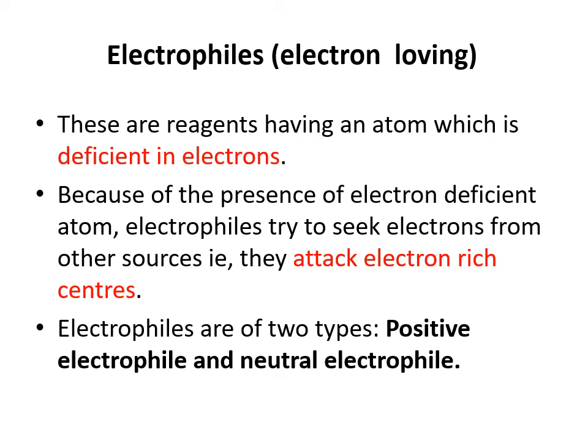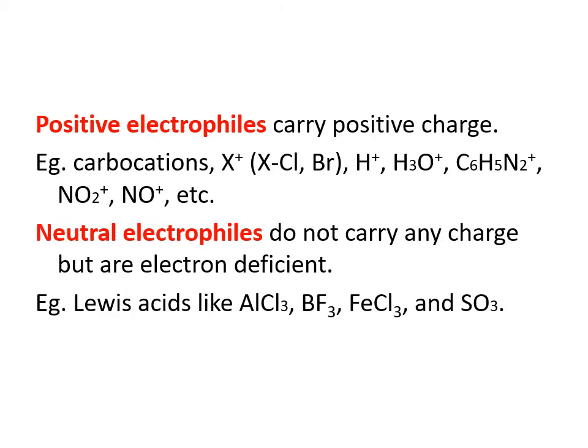And electrophiles are of two types, positive electrophile and neutral electrophile. Positive electrophiles carry positive charge. Commonest example, carbocation, halonium ions X+, then H+, hydronium ion, then diazonium ion C6H5N2+, then nitronium ion NO2+, and nitrosonium ion NO+.